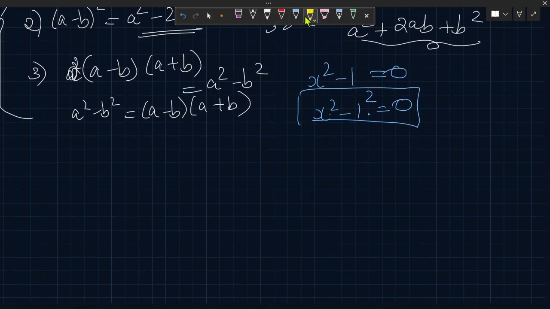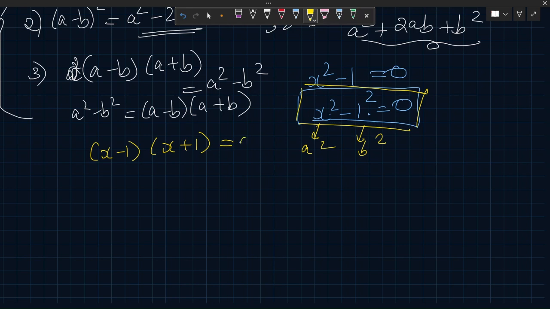Okay, so if I rewrite it in this form, x square minus 1 square equals 0, this is like a square, this is like b square, right? So a square minus b square can be written as (a minus b)(a plus b) equals 0. So I can write it like this. If I can write it like this, then it is like saying the number x minus 1 into the number x plus 1 is 0.